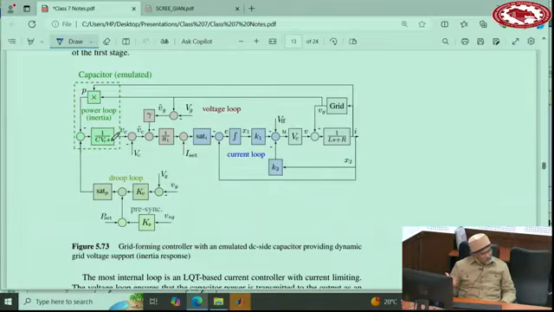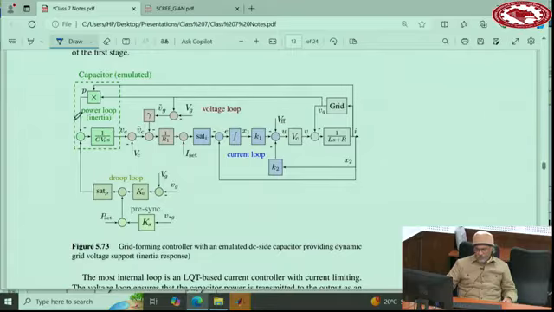In the previous example, what we did was differentiate the grid voltage. Some people do this. I personally don't like that approach. This approach of using a capacitor or emulated capacitor is more robust and more reasonable. Differentiation is always difficult to manage. A capacitor provides inertia, as we discussed in detail yesterday.